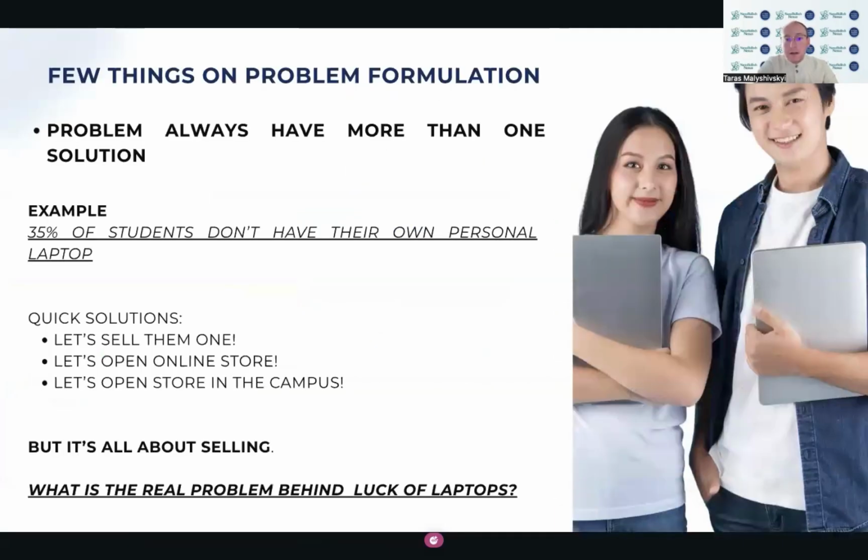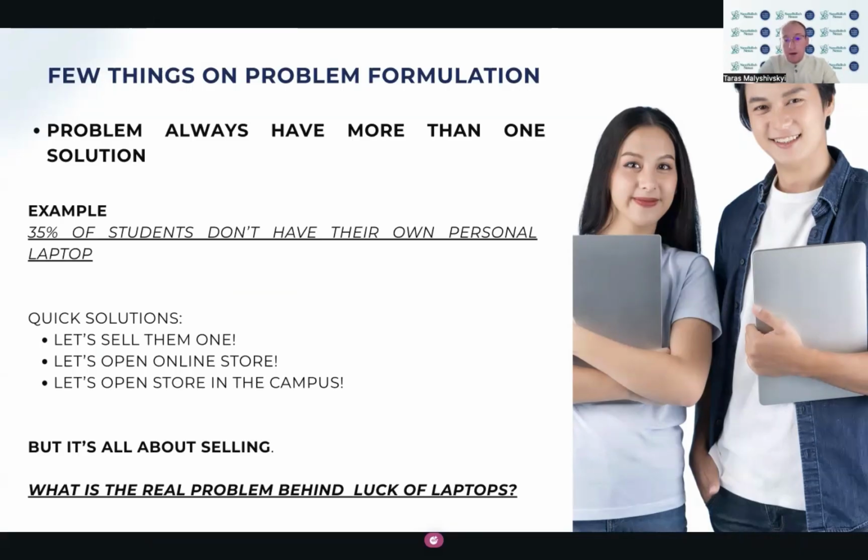Second, a problem always has more than one solution. The same way, 35% of students don't have their own personal laptop. And if you put the problem this way, the quickest solutions are: let's sell one, let's open an online store, let's open a store on the campus. But it's all about selling.